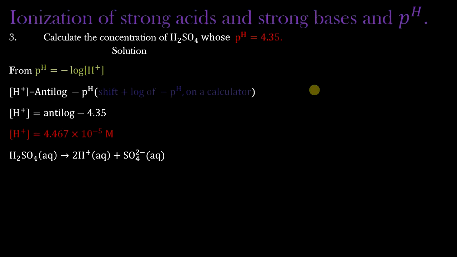That is, we have 2 moles of hydrogen ions being produced by 1 mole of sulfuric acid.